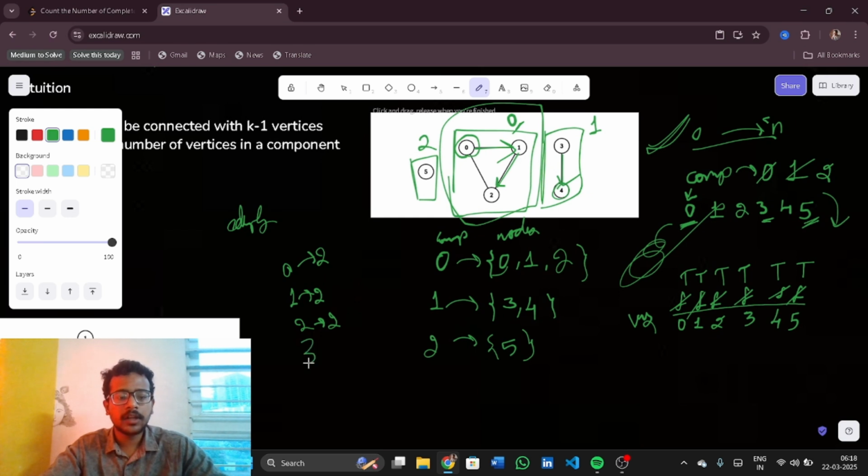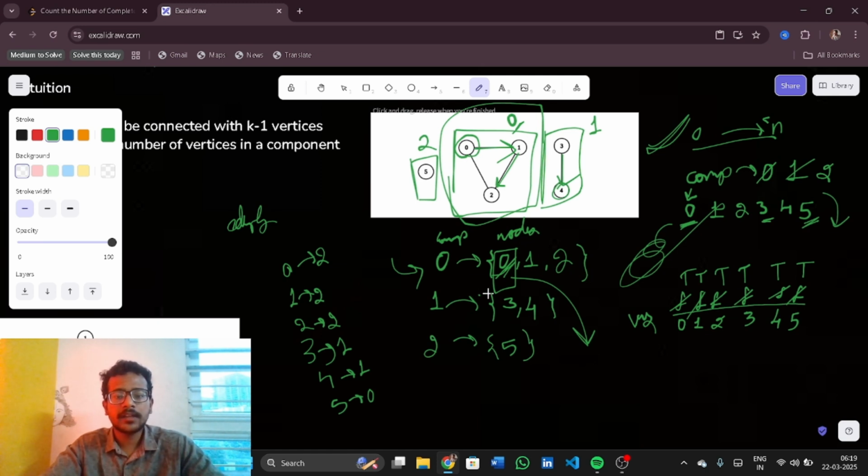Then for 3 I have a degree of 1. For 4 I have a degree of 1, and for 5 I have a degree of 0. Now I go through every component and go through every node of the component, and I will see whether this node has a degree of k minus 1.